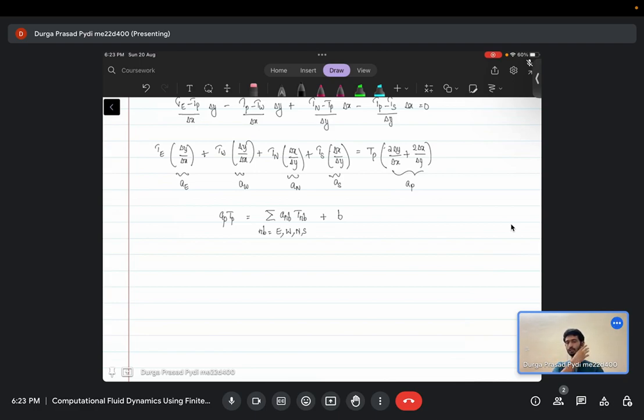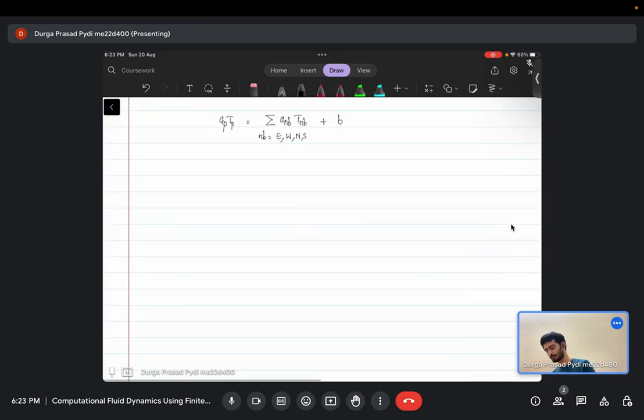Now let's try to apply the same for the boundaries. So this is for the interior cells. Now for the boundaries, in the 1D case we just have 2 boundaries, but in the present case we have 4 boundaries.